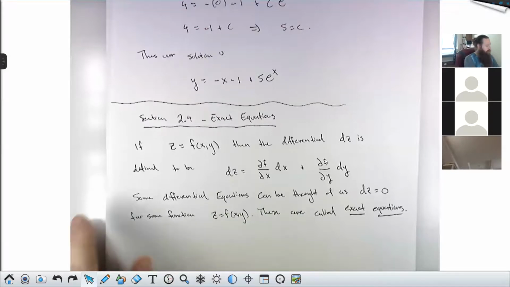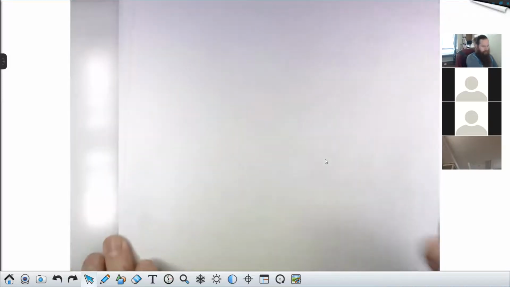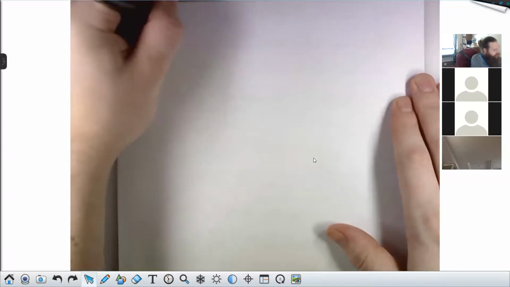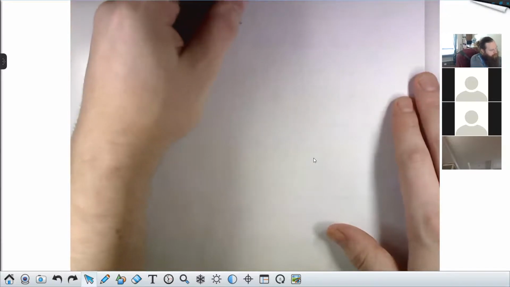Okay, so there's some more notation here. We saw in the first homework set that you can write differential equations in differential form, where you've got something times dx plus something times dy equals something else.